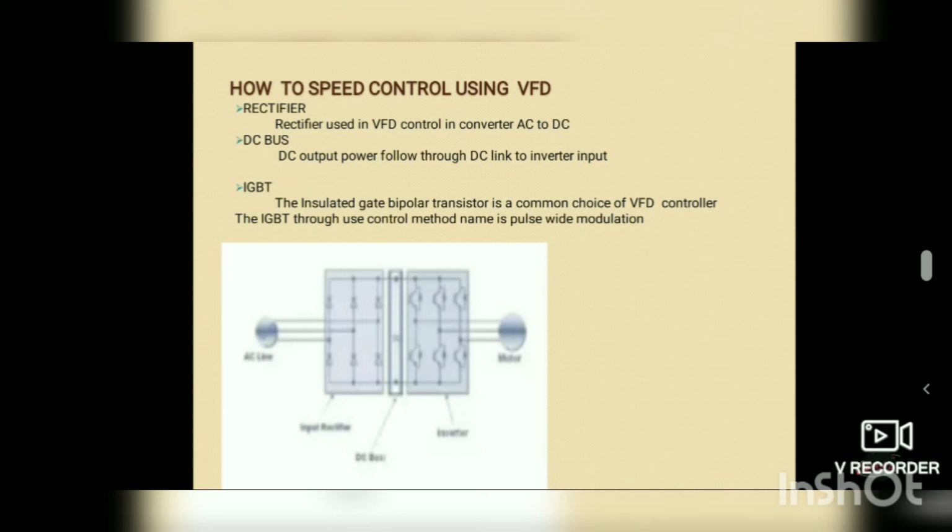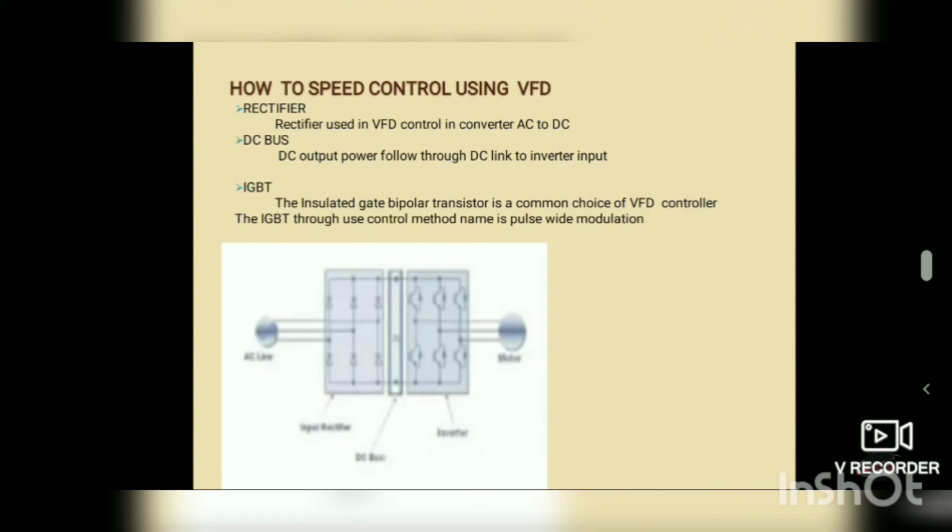The rectifier used in a VFD is a converter from AC to DC. Normally the rectifier is used to convert AC to DC, so here the rectifier in the VFD converts the AC signal to a DC signal.